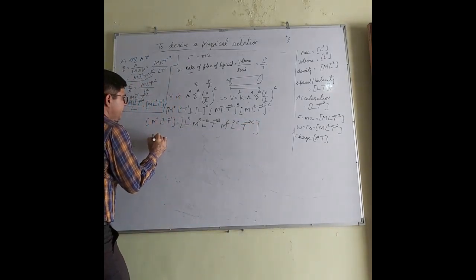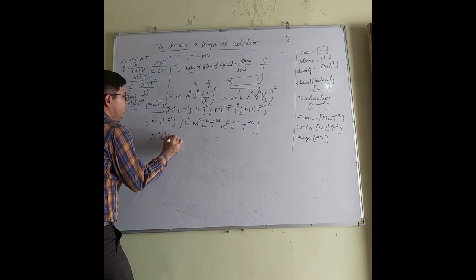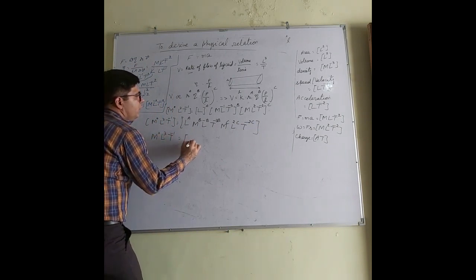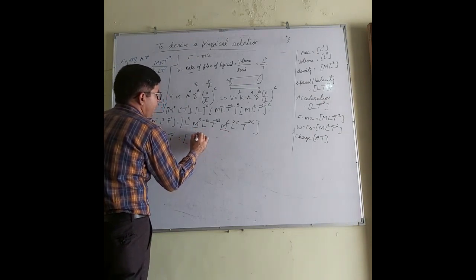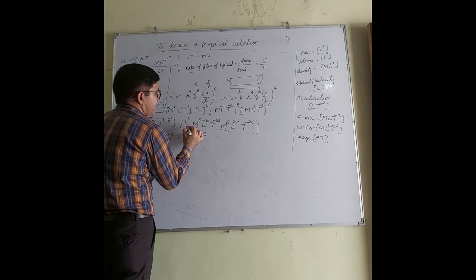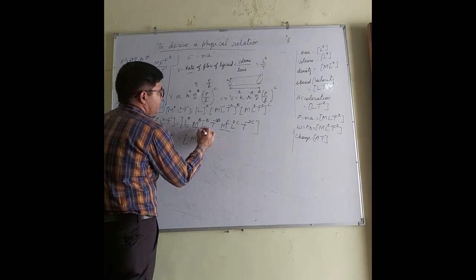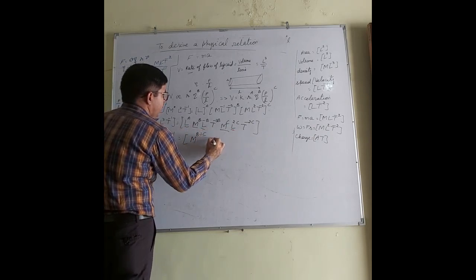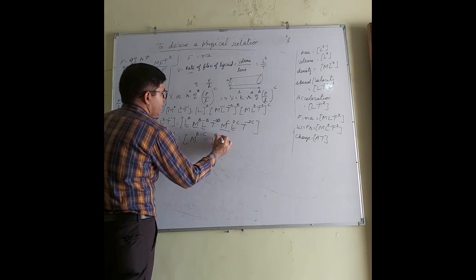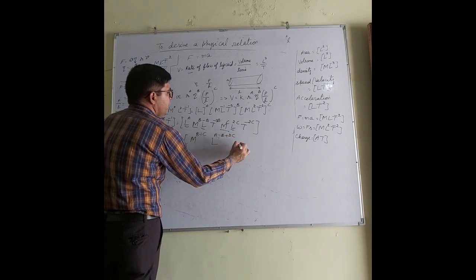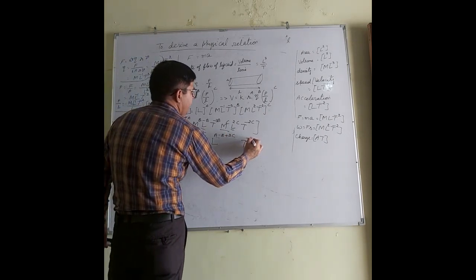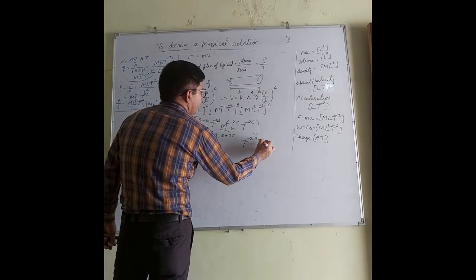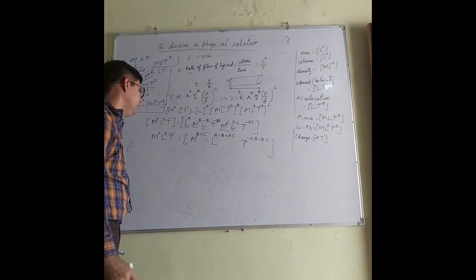Now again rearranging the terms, M0 L cube T minus 1. What you will get? First let's do M, two terms. So it will be M to the power B plus C. Again L, first term, second term and third term, L to the power A minus B plus 2C, and T to the power minus 3B minus 2C.